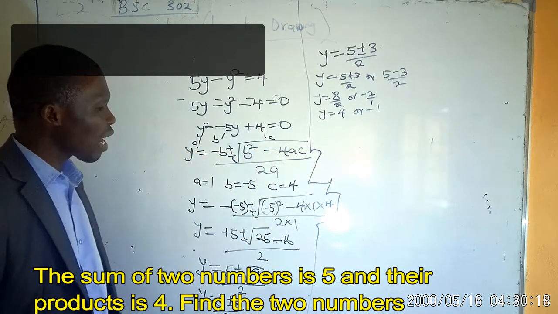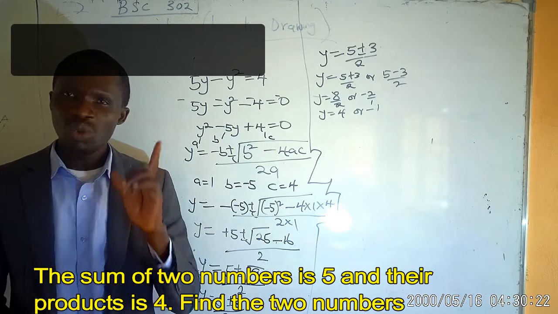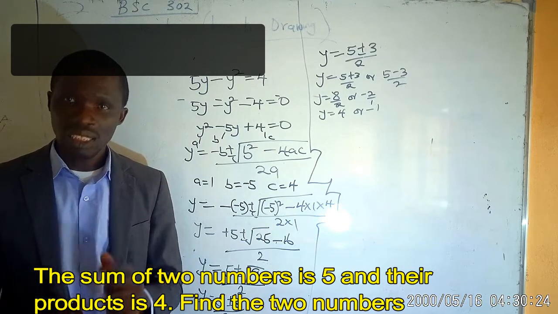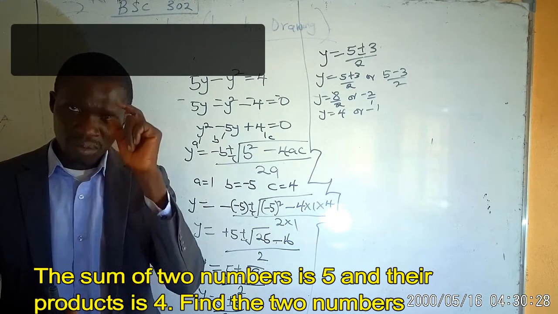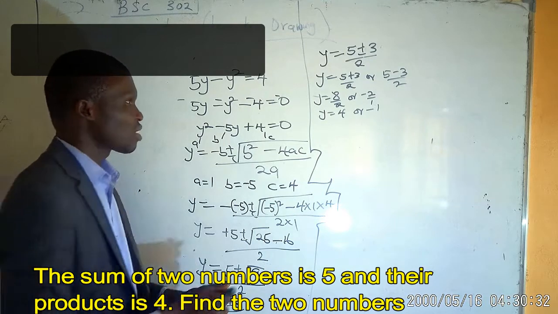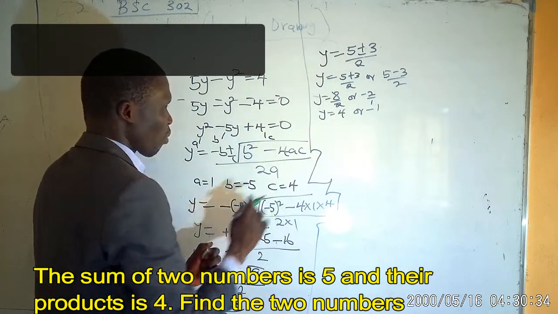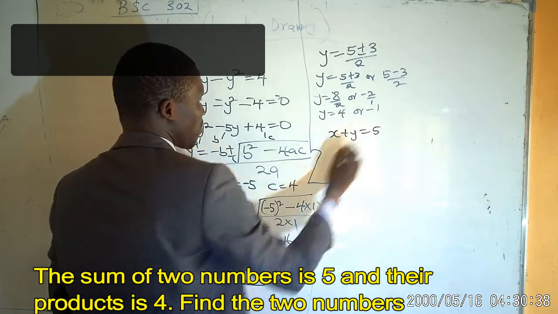Now, you have to go back to the formula where we got that x to be something. Let me go back to that, please. Remember, the question is x plus y equals 5.